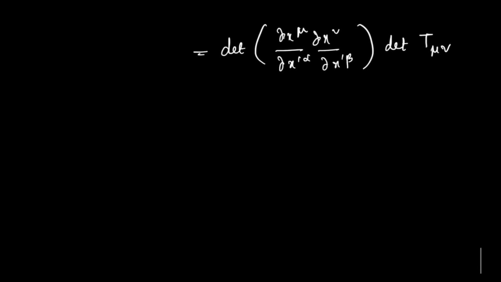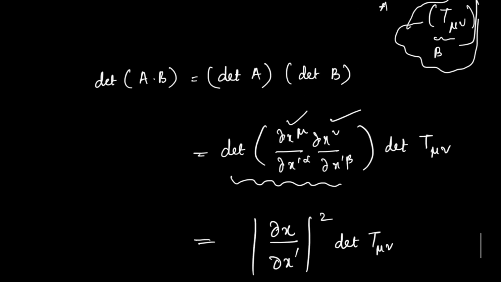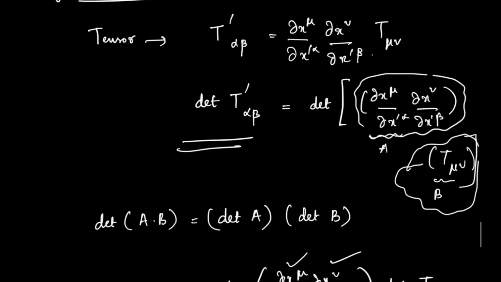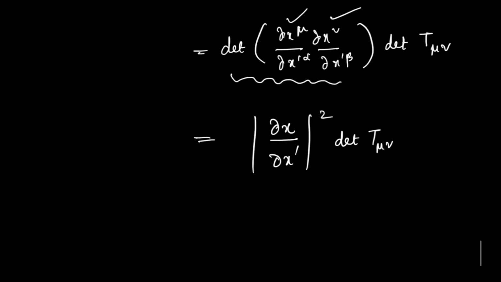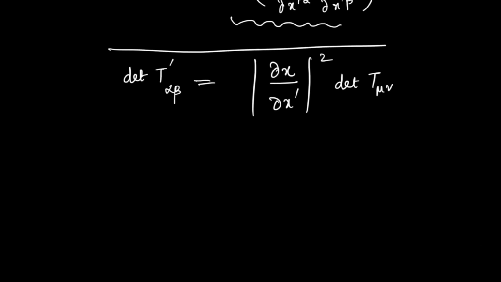Now this determinant is nothing but the determinant of partial derivative of x by partial derivative of x prime, and there are two terms, so I have to write square. Then the determinant of t mu nu, and on the left hand side we had the determinant of t prime alpha beta.